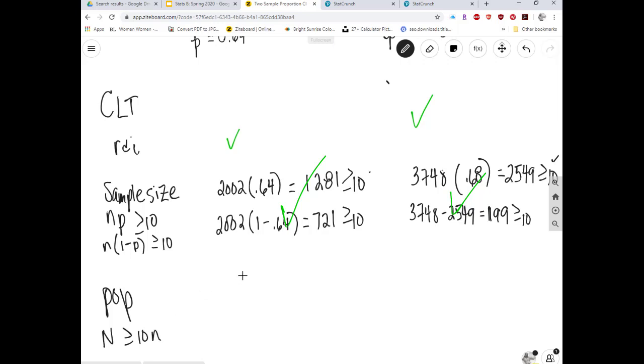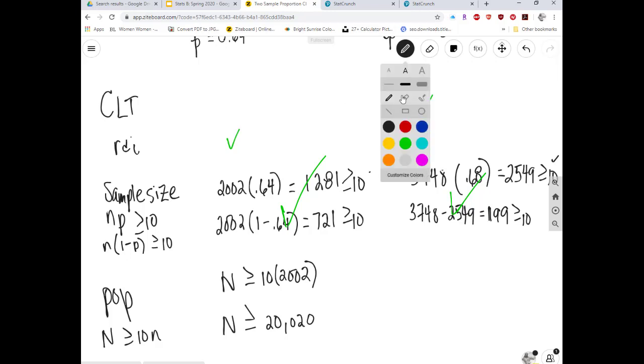So here, I need big N to be greater than or equal to 10 times 2002. So I need my population size to be bigger than 20,020. Are there more than 20,020 non-scientist Americans in the United States?